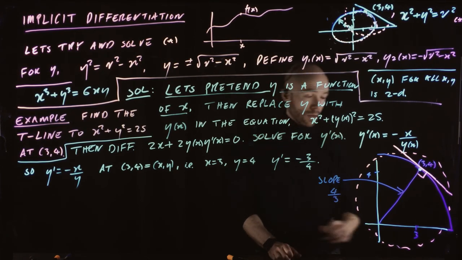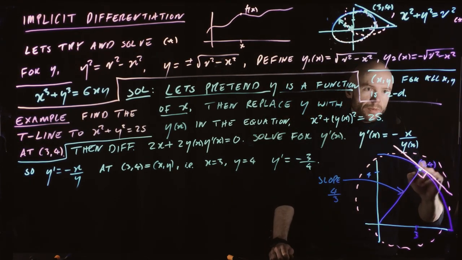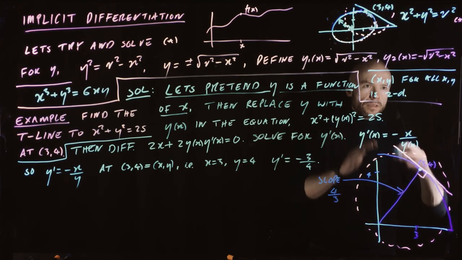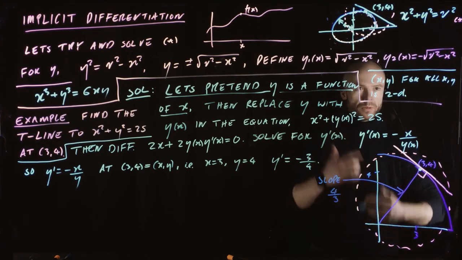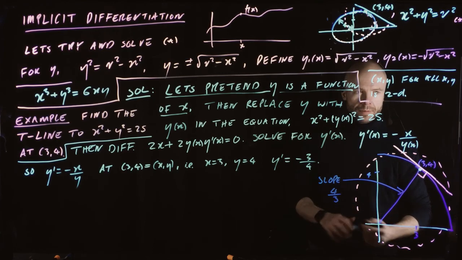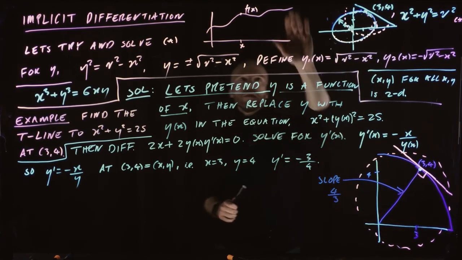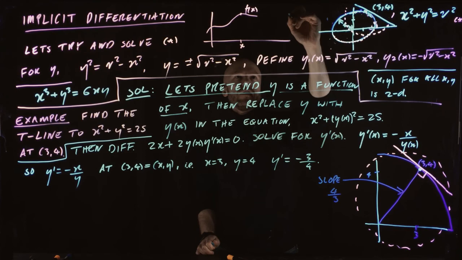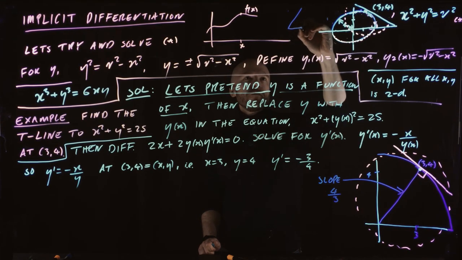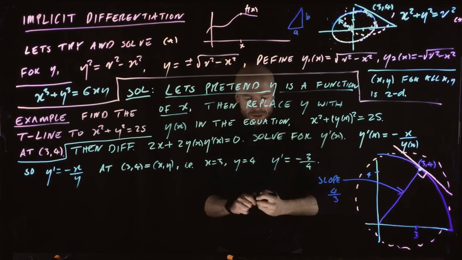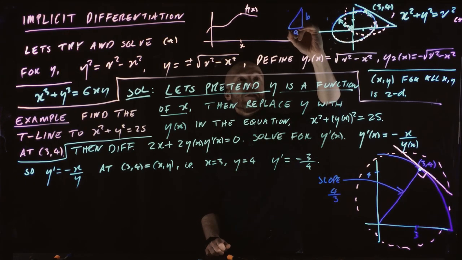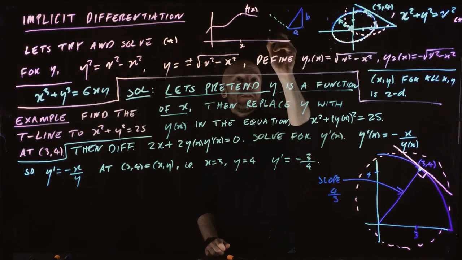But this line here is perpendicular, and we learned how to calculate the slope of a line that's perpendicular to the line whose slope we know already, right? So that was this stuff of having some triangle that represents the slope where this was A and this was B. And if we wanted to find the slope that is perpendicular to the hypotenuse, we create another triangle of the same size.